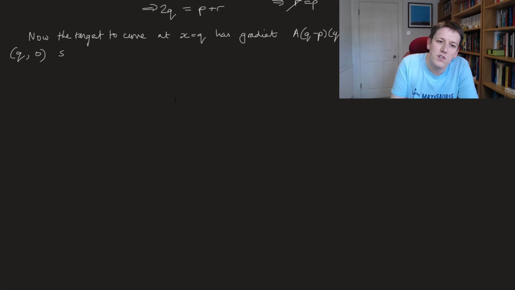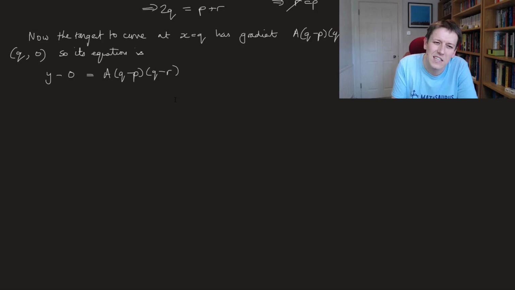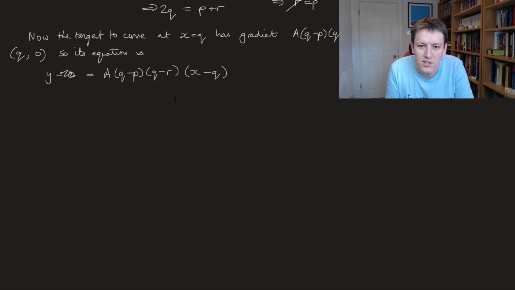So its equation is just going to be, again, y minus y1 equals m times x minus x1, so y minus 0 is equal to a times q minus p times q minus r times x minus x1, but the x1 here is q, so that's x minus q, right? So actually this is just the equation of that tangent.